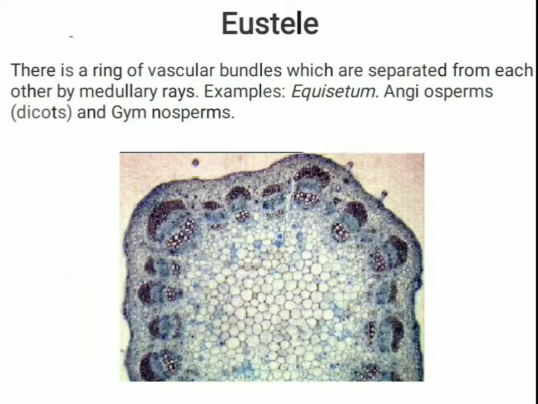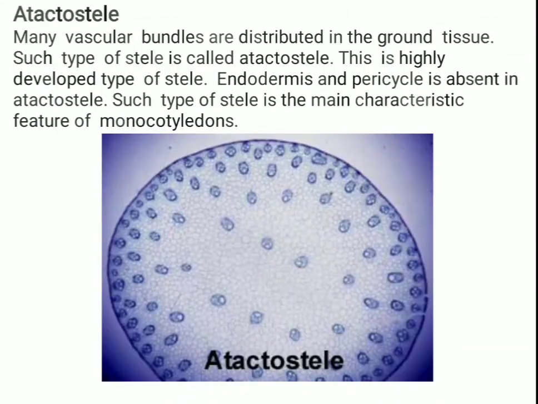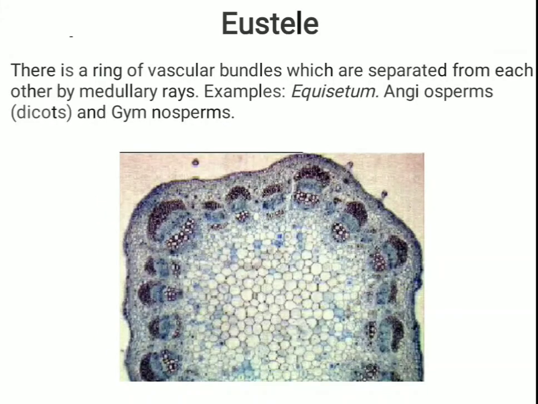Okay, then dictyostele is of two types, eustele and atactostele. Eustele is the ring of vascular bundles which are separated from each other by medullary rays, for example Equisetum, angiosperms and gymnosperms.